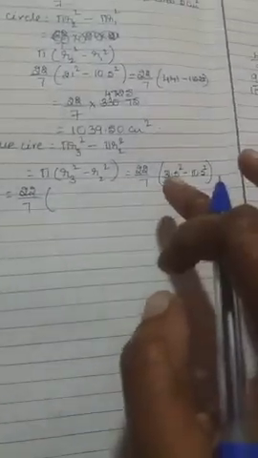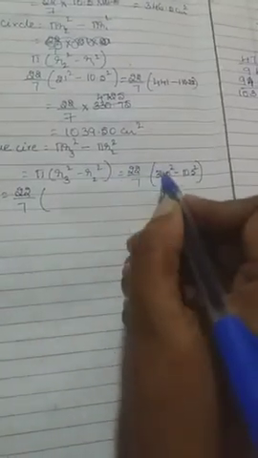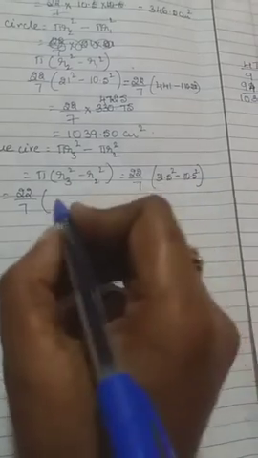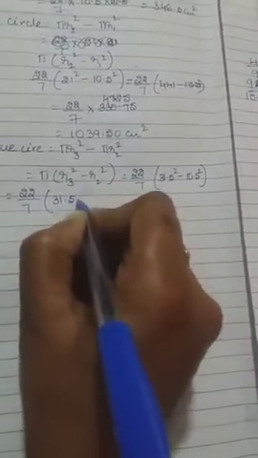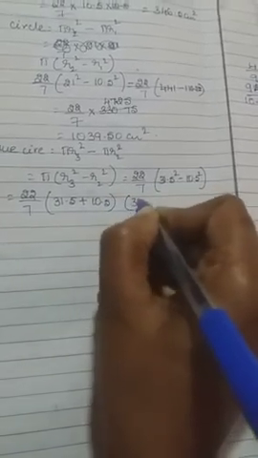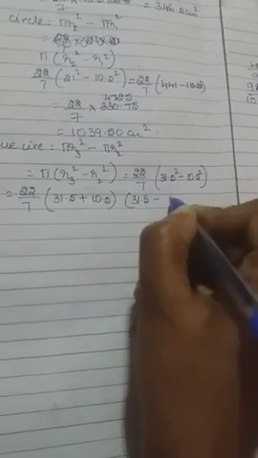We can take 31.5 into 31.5, or since it is in the form of a square minus b square, which is nothing but a plus b into a minus b, we can write this as 31.5 plus 10.5 into 31.5 minus 10.5.